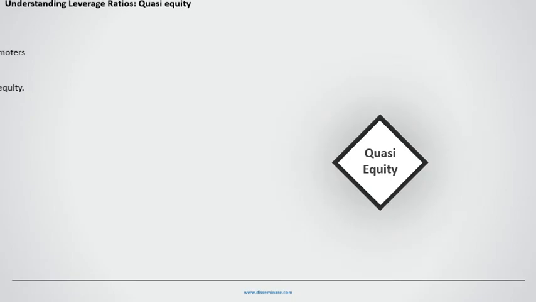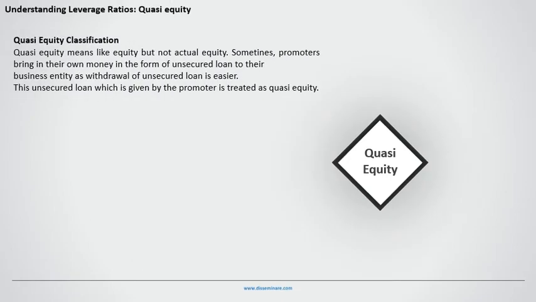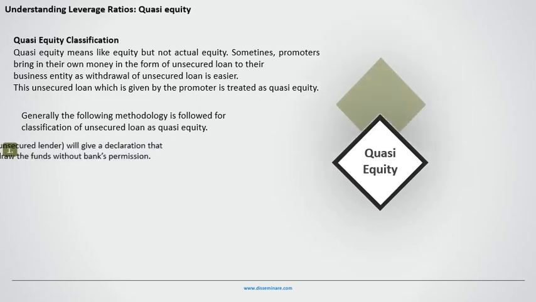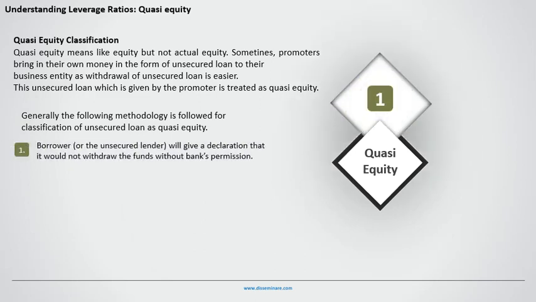Let us look at the quasi-equity classification. Quasi-equity means like equity but not actual equity. Sometimes, promoters bring in their own money in the form of unsecured loan to their business entity as withdrawal of unsecured loan is easier. Generally, the following methodology is followed for classification of unsecured loan as quasi-equity. The borrower, or the unsecured lender, will give a declaration that it would not withdraw the funds without the bank's permission.